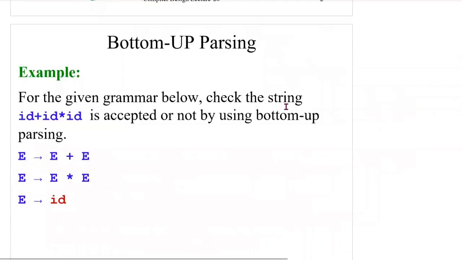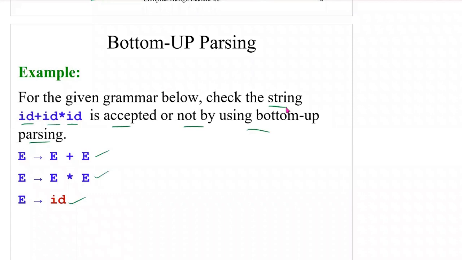So let us check with one example. For the given grammar below, check whether the string id plus id into id is accepted or not using bottom-up parsing. This is the given grammar: E derives E plus E, E derives E into E, and E derives id.